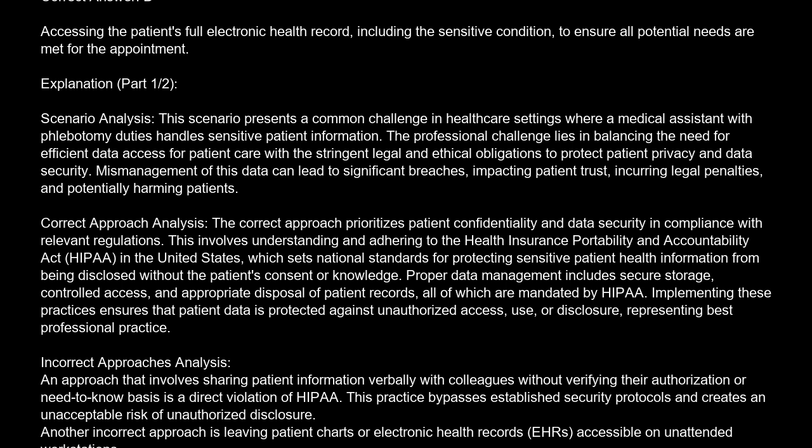Incorrect approach analysis. An approach that involves sharing patient information verbally with colleagues without verifying their authorization or need-to-know basis is a direct violation of HIPAA. This practice bypasses established security protocols and creates an unacceptable risk of unauthorized disclosure. Another incorrect approach is leaving patient charts or electronic health records, EHR, accessible on unattended workstations.